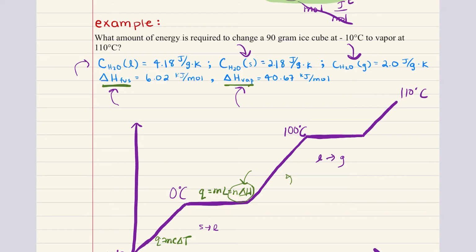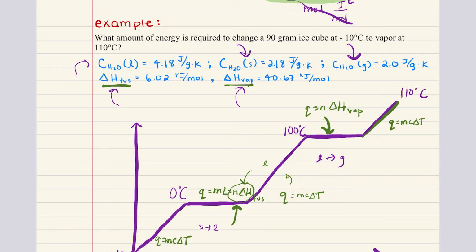Then in this segment here where it's a liquid, we're going to use Q equals mC delta T. Here in the liquid to gas transition, we're going to use Q equals n delta H. And remember, for this segment right here, we use fusion. For this segment right here, we use vaporization. It's important to know what delta H to use in which segment. And then for the last segment here, when we have converted all the liquid water to gas and we're just heating it up until 110 degrees Celsius, we're going to use our Q equals mC delta T equation.